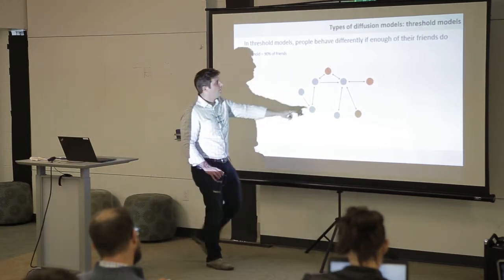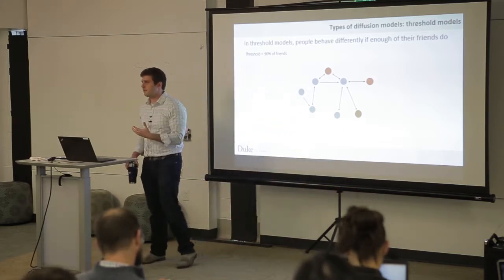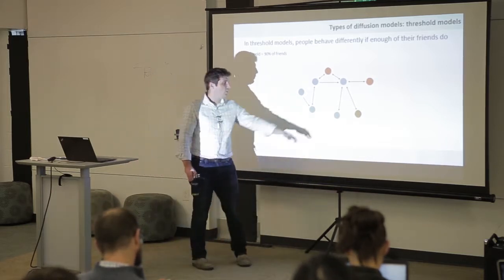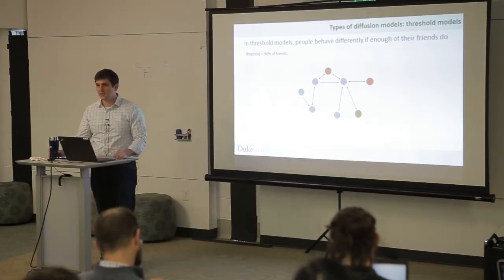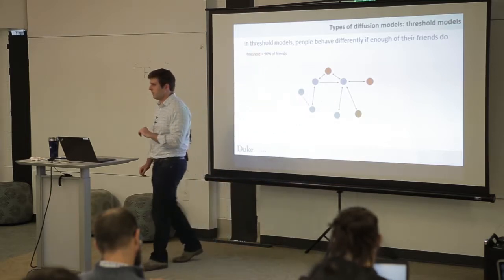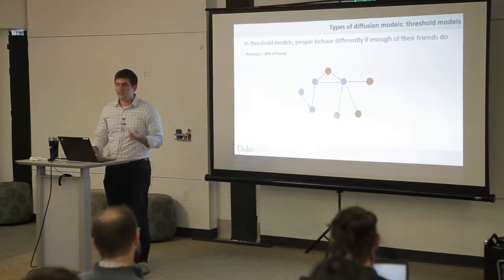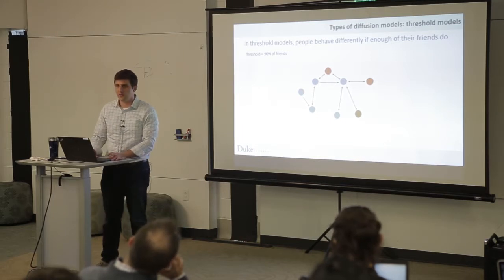Of those, 1, 2, 3 are infected or have adopted whatever this behavior is, and one of them has not. So that gives us 3/4 of their friends are doing this. Actually, when I first wrote out these slides, I wrote them out as undirected and realized it was in fact 2/5, or 3/5 rather. So you were right about that.